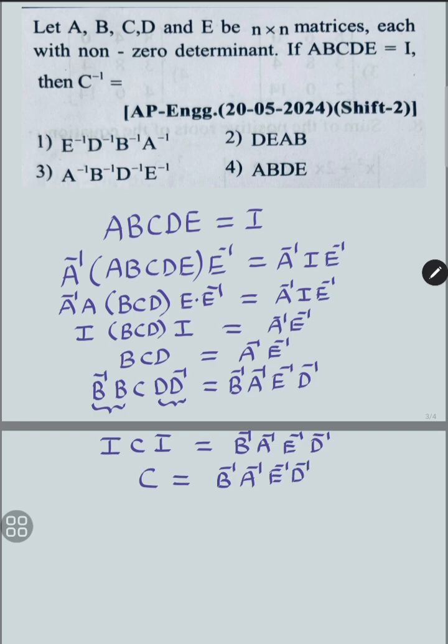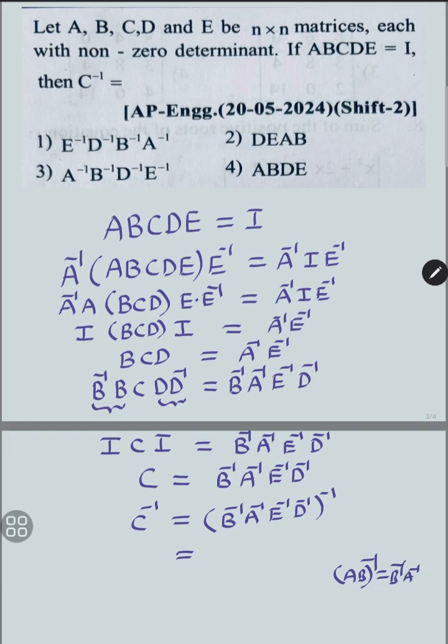But I want the inverse, no? So take the inverse on both sides. C to the power minus 1, that means C inverse, equals B inverse, A inverse, E inverse, D inverse, all inverse, which is equal to, you know that AB whole inverse equals B inverse into A inverse. We know that formula, no?